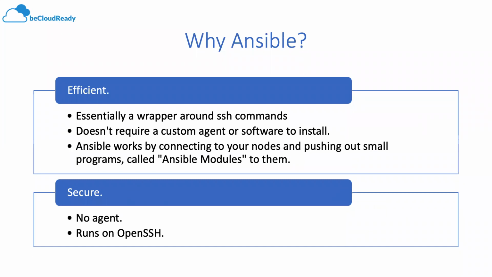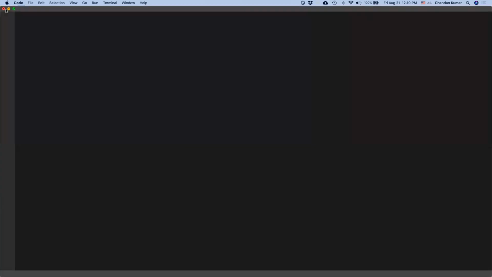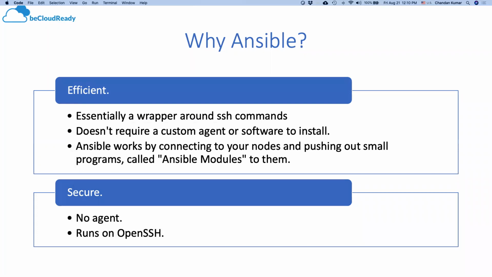That makes it very secure, efficient, and very low overhead. And last but not least, most importantly, it doesn't require any agent, because in all Linux systems, we assume we have at least an SSH daemon running, and that is a very powerful thing to have.